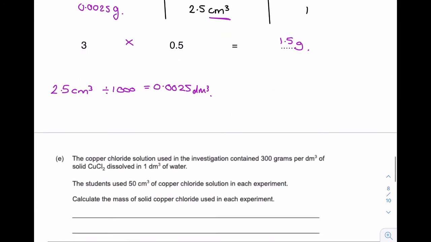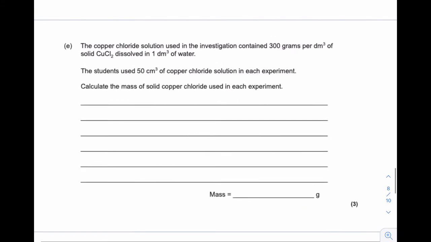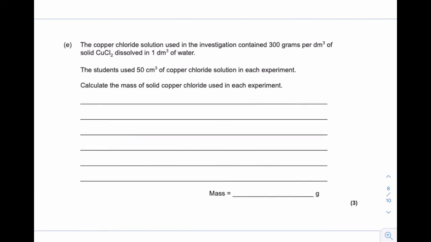So the final way that you would see it, and this is the exam style question, it's asking for the same thing. It's asking you to calculate the mass of solid copper chloride used in each experiment. So it says the copper chloride solution used in the investigation contained 300 grams per decimetre cubed. They've written it out in words, but that's what it looks like. So that's the concentration of solid CuCl2 dissolved in 1 decimetre cubed of water.